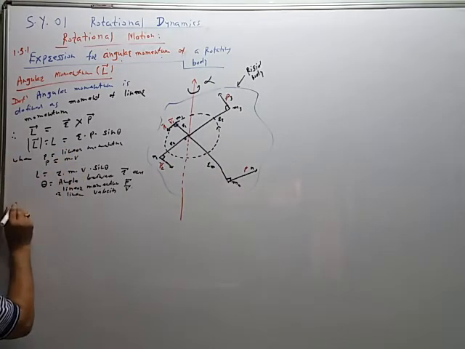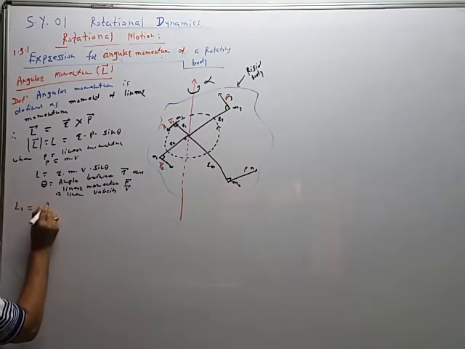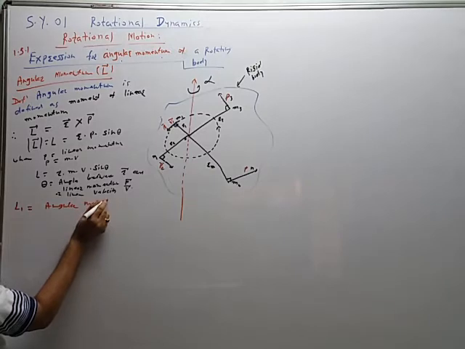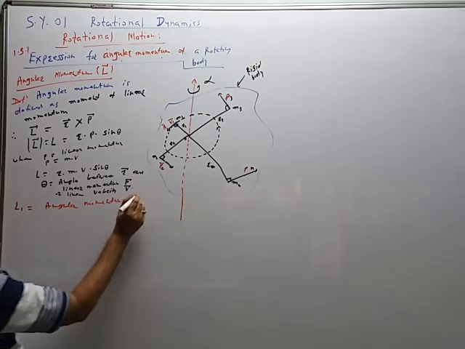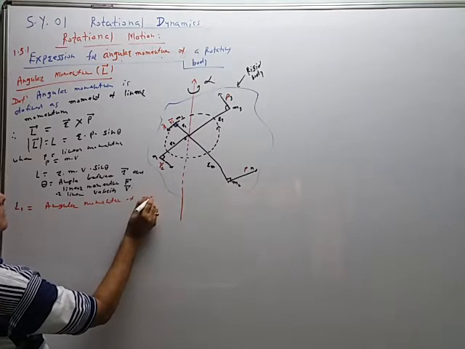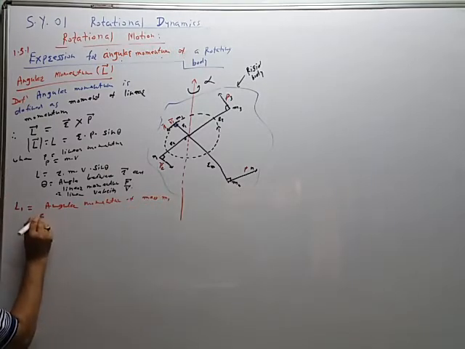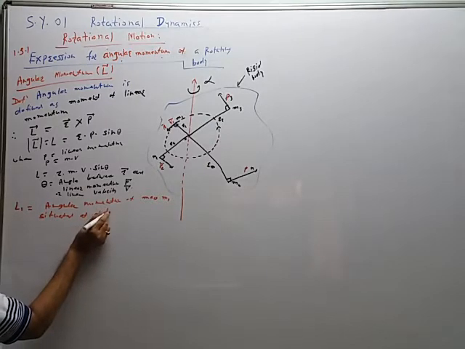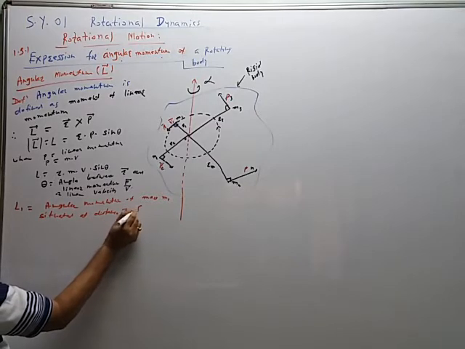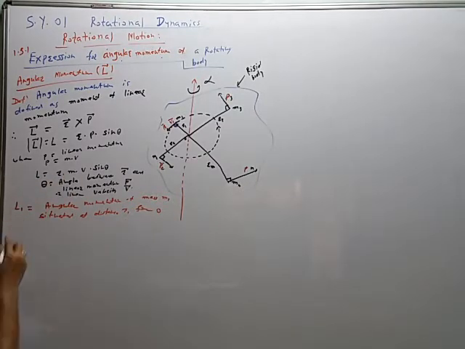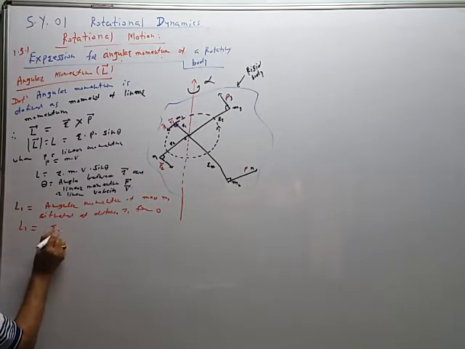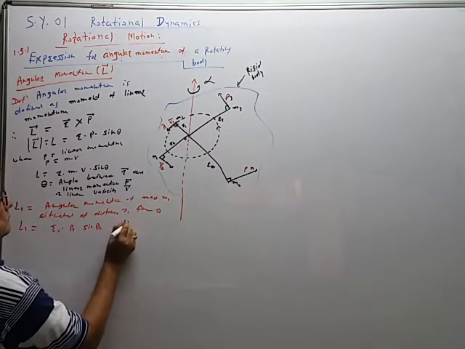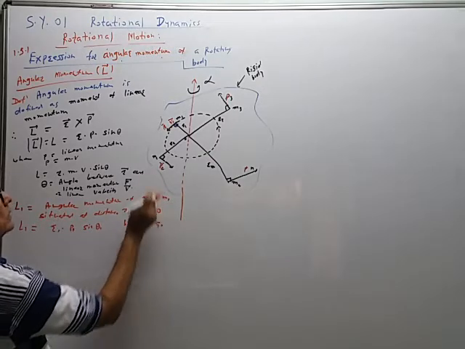So L1 is equal to the angular momentum of mass M1 situated at distance R1 from the given axis passing through the point O. So L1 is given by R1 P1 sin of theta 1, but theta 1 is equal to 90 degrees.